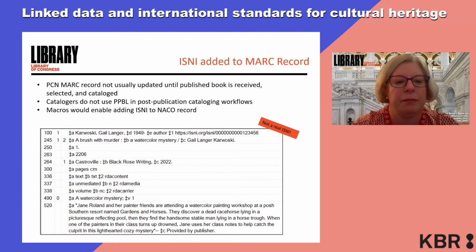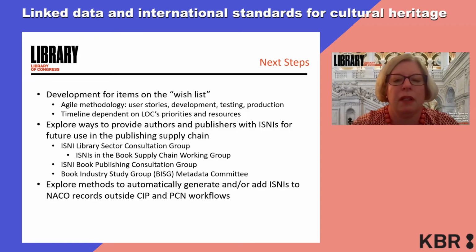Next slide, please. So we have, of course, development wish lists. We use the Agile methodology, where user stories are created. As a publisher, I would like to add my ISNI, or I would like the ability to search for ISNI for my request.